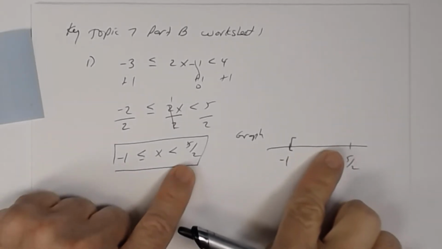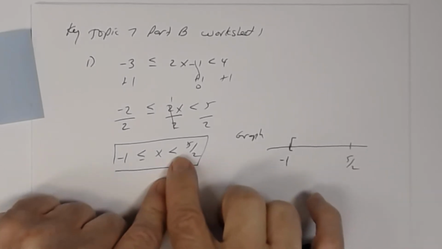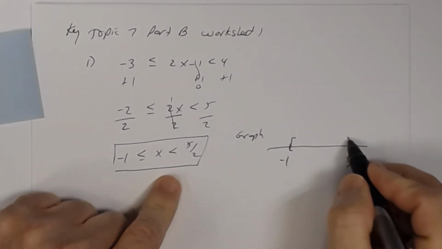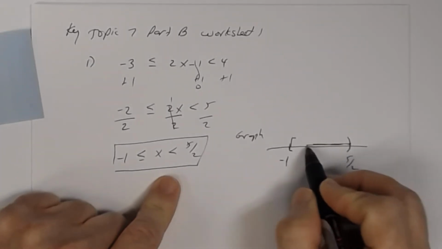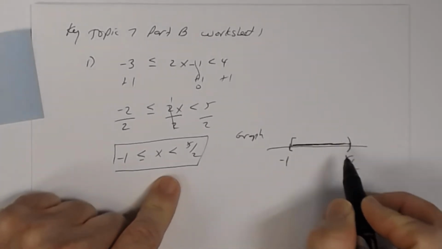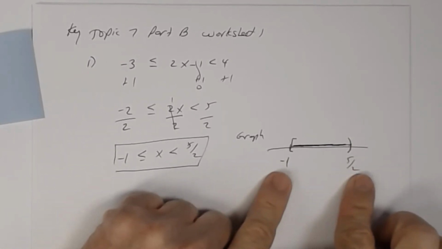And then over here, for 5 halves, you have to use parentheses because there's no equal sign here, pointing to the left, because it says less than. And then you should just shade in. Notice no arrows. Remember that, no arrows, because it's bounded. Your solutions are bounded by these two numbers. It's not going to infinity, and it's not going to negative infinity.